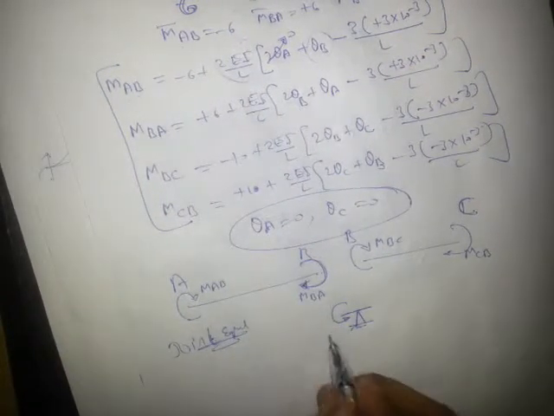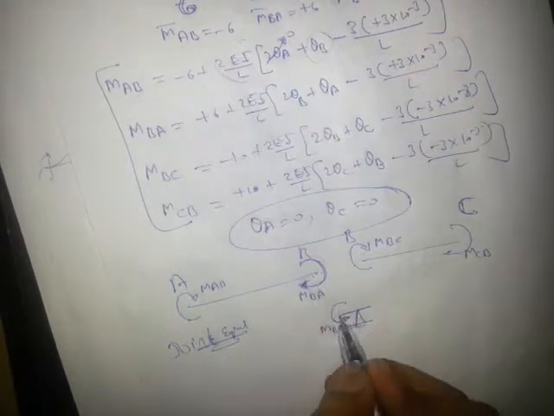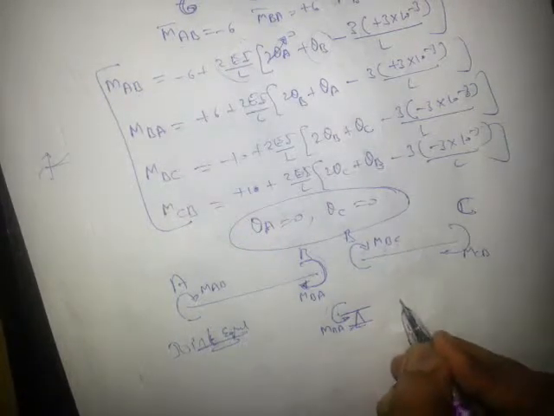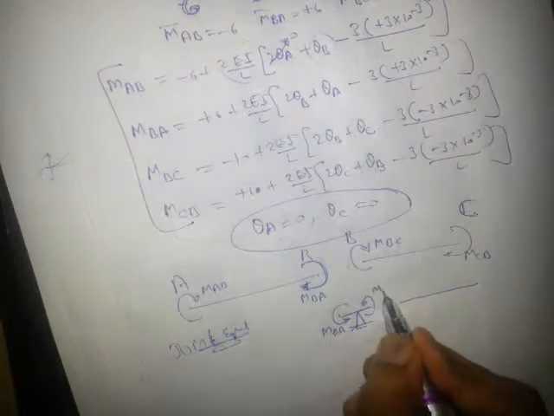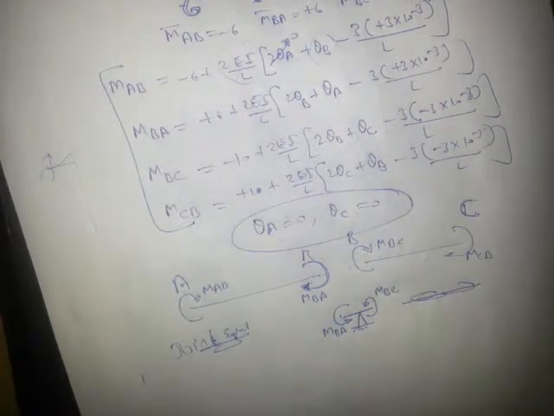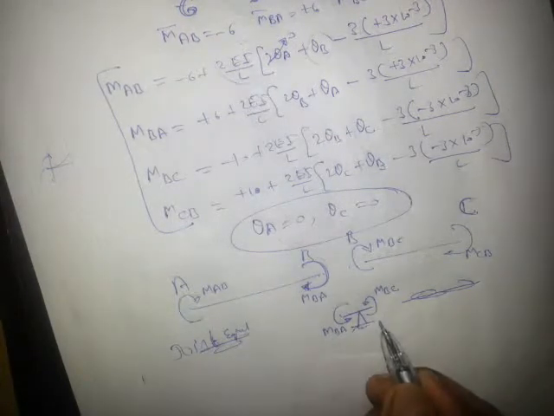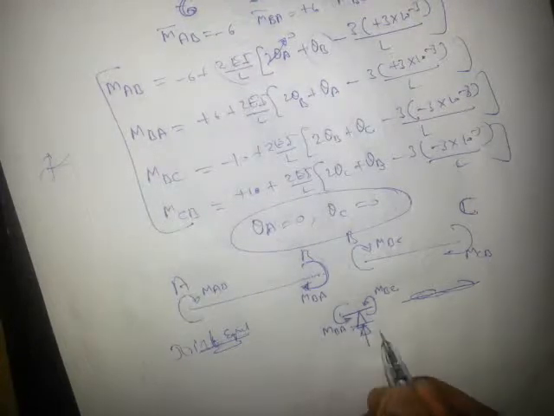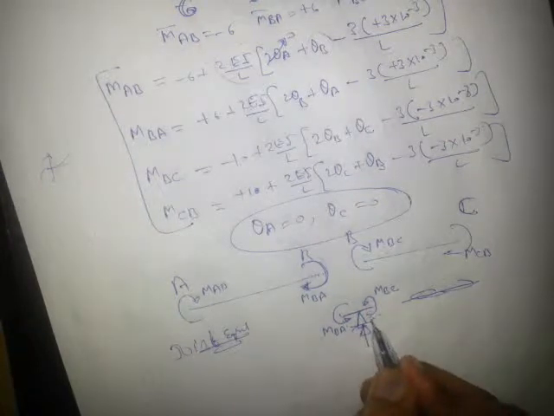This is MBA, so it will be again MBA. Clockwise in the member, anti-clockwise at the joint, then only they nullify each other, right? In this member also it is clockwise, so at the joint it will be anti-clockwise, MBC. So the joint equilibrium will be: anti-clockwise equal to clockwise, right? However, there will be some reaction and some shear force, but the cut is so close that these distances will be negligible, so their moment will be 0.